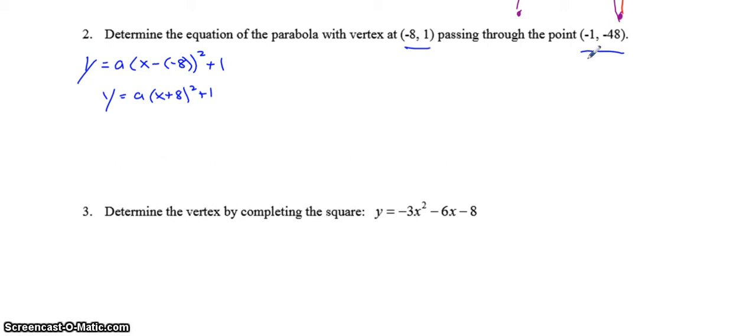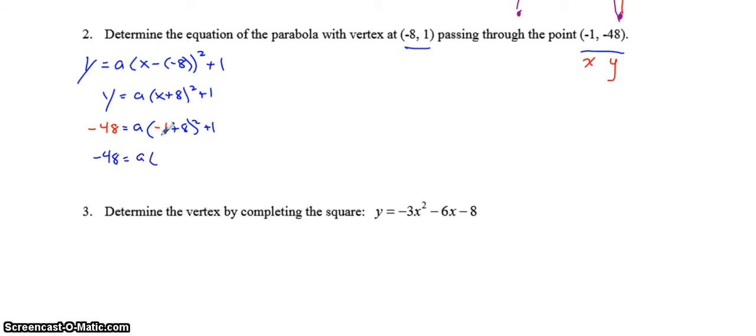Now what you do is you substitute the -1 in for x and the -48 in for y so that we can solve for a. Now use BEDMAS as much as you can.